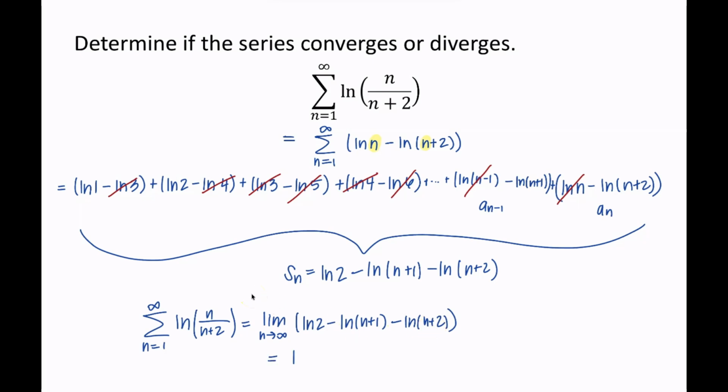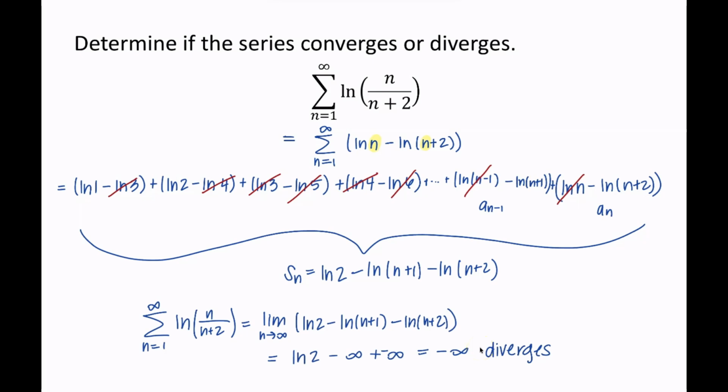So what we basically have is like natural log 2 minus infinity minus infinity, and so this is going to negative infinity. I could think about this as adding the opposite: negative infinity plus negative infinity is negative infinity, plus natural log 2, that's still negative infinity. So my infinite series diverges.